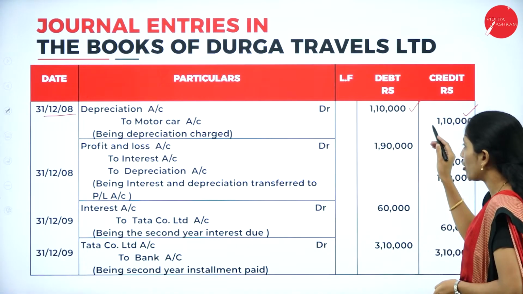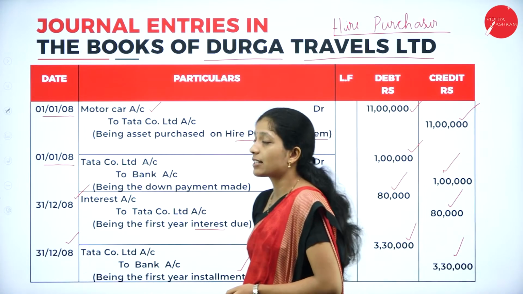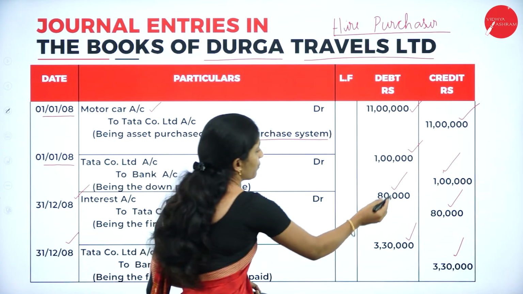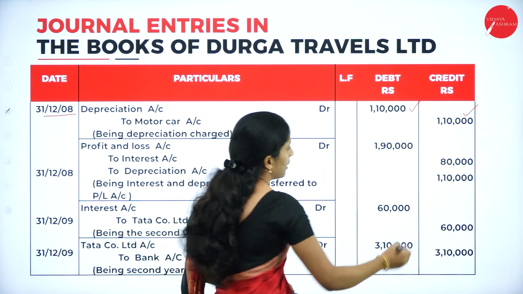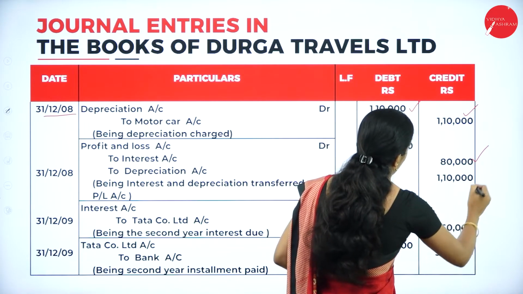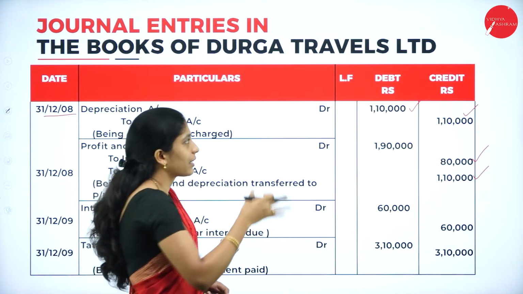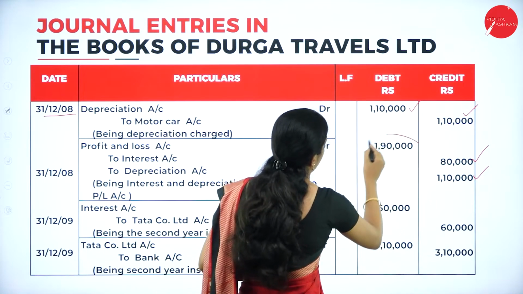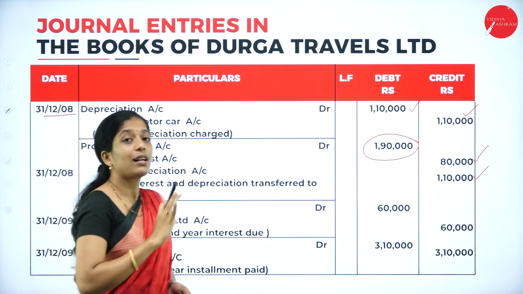Here interest is how much we have recorded? 80,000. So 80,000 is the interest. And what is the depreciation? 1,10,000. So in the interest column write 80,000 and write 1,10,000 in the credit column. Next add this 80,000 plus 1,10,000, you will get 1,90,000.